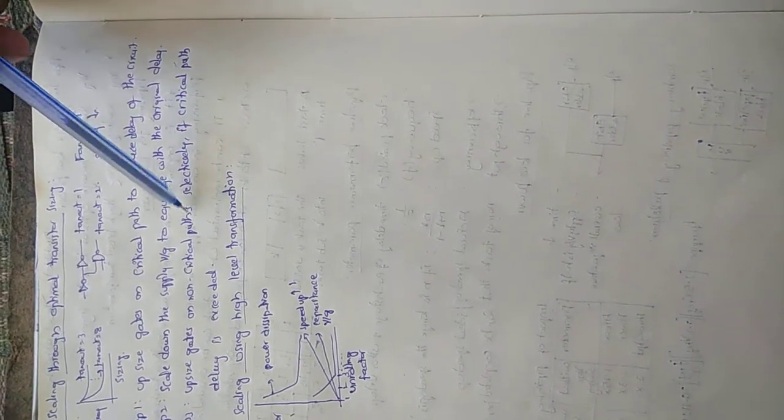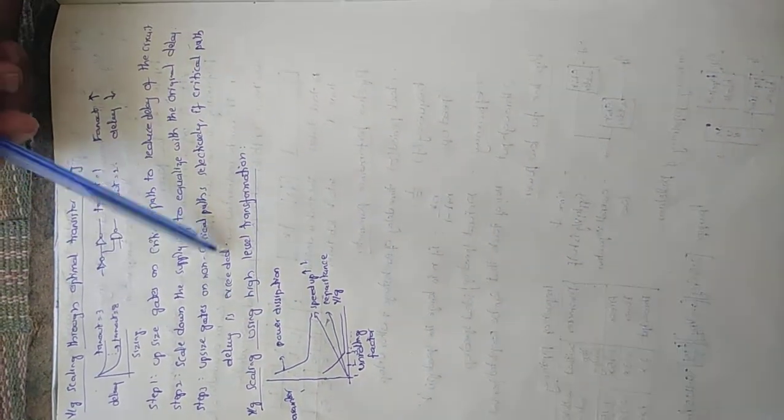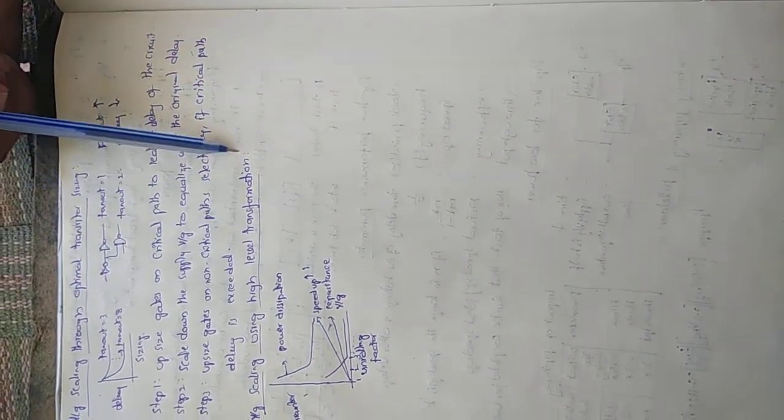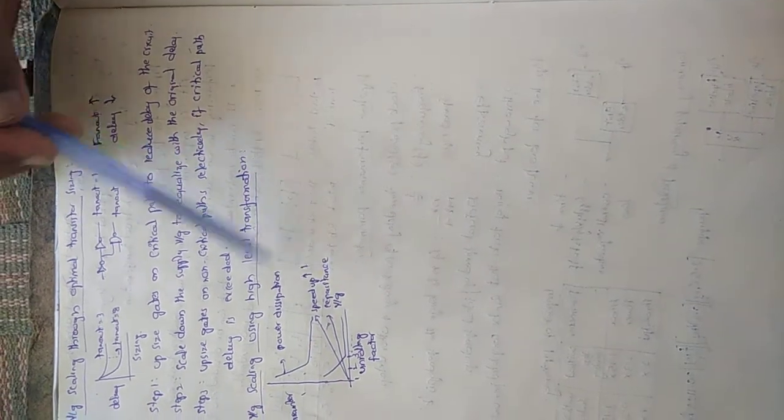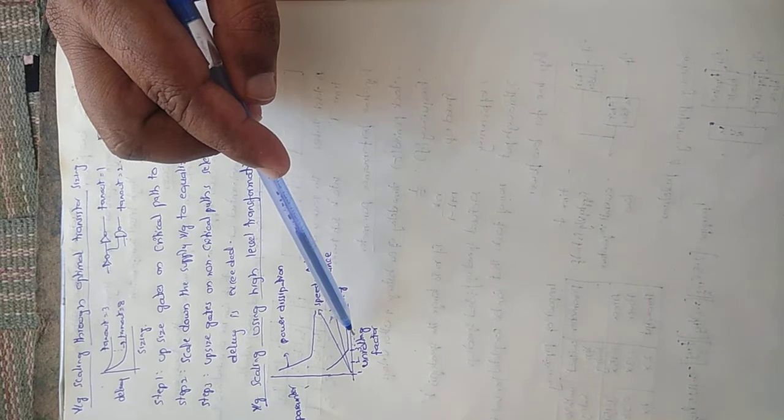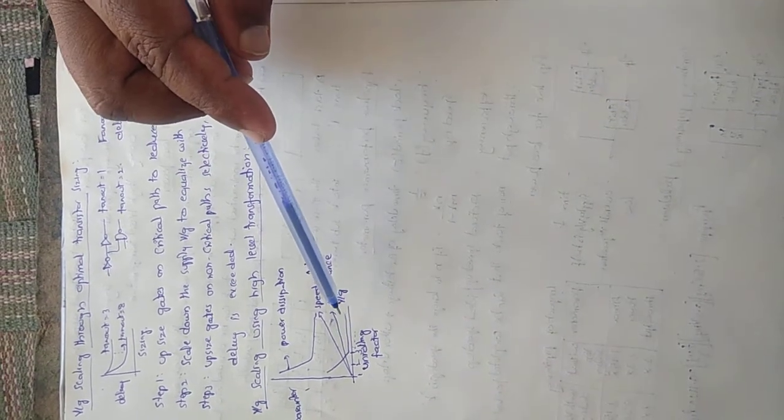Now we will see scaling using high level transformation. Here I have considered a parameter, the unrolling factor. The unrolling factor is used for an optimizing compiler.